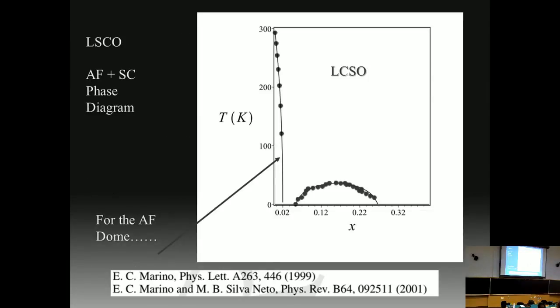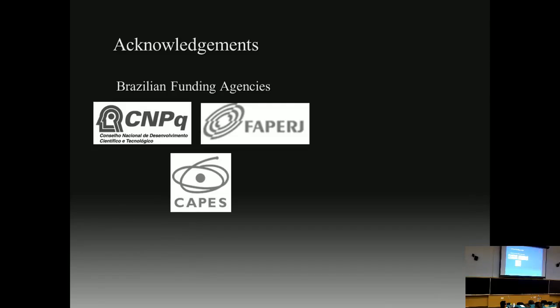Oh, this is just to finish. In previous papers, we had described the antiferromagnetic dome of LSO. So this is almost complete. It's still lacking the pseudo gap. Thank you very much for your attention.